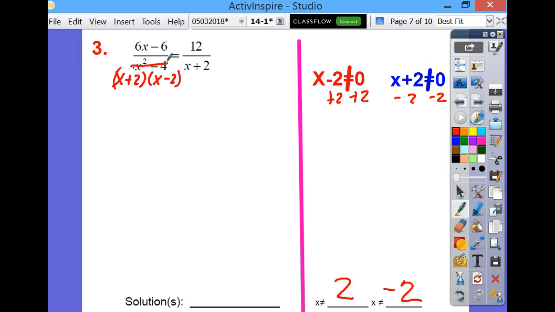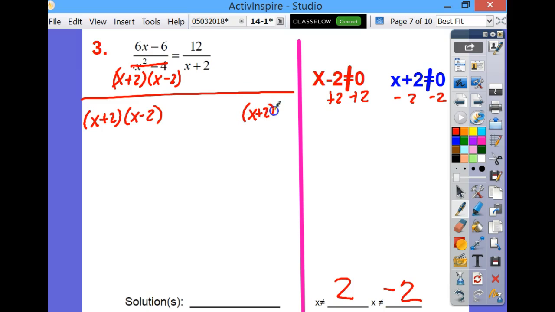This is the kind of problem where it's going to save me a lot of work if I multiply by the LCD instead of doing a cross product. The LCD would be x plus 2, x minus 2.